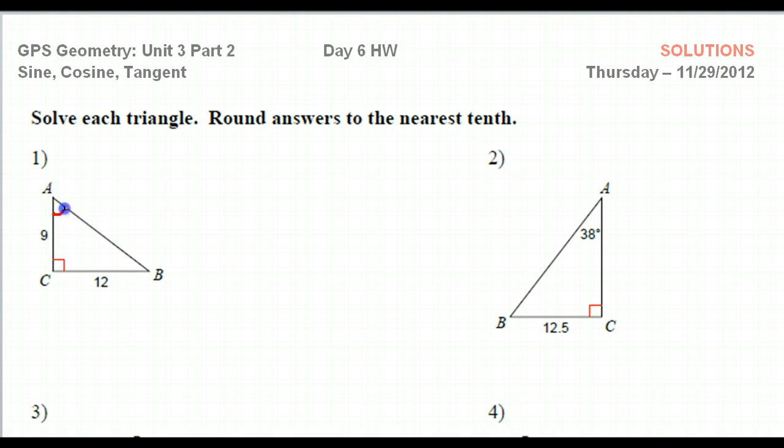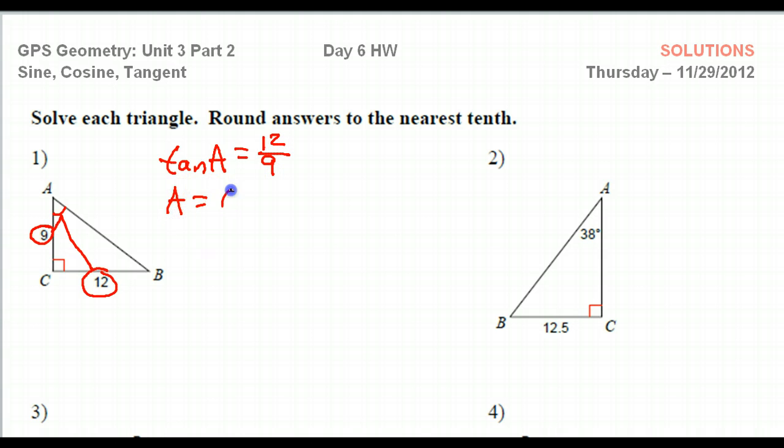If I want to find angle A, I'm noticing that I have my 9 and my 12. Looking at these, this is adjacent, this is opposite, so this is going to be my tangent function. Tangent A equals opposite over adjacent, so 12 over 9.